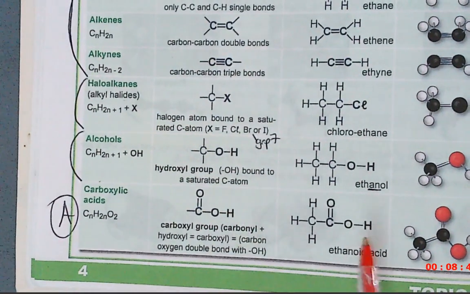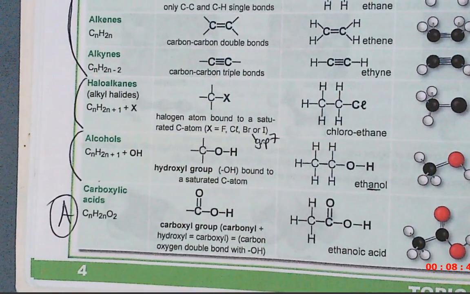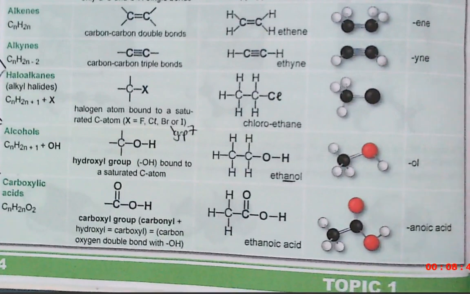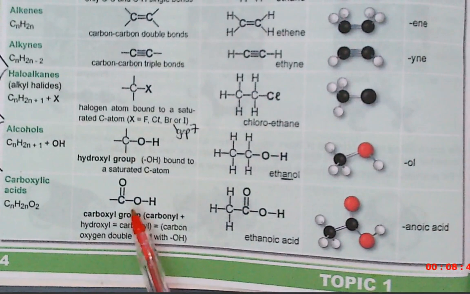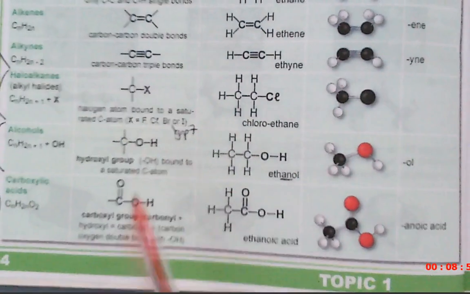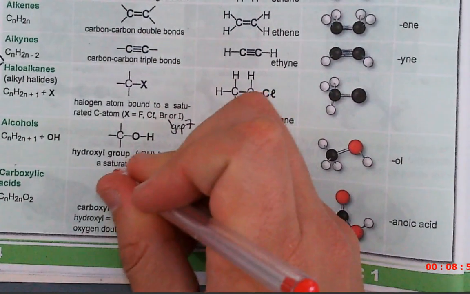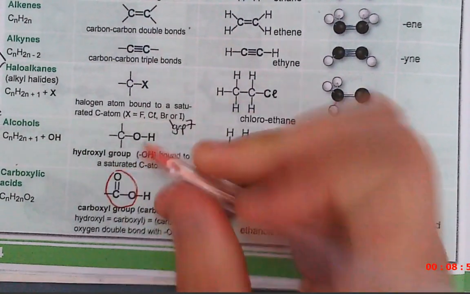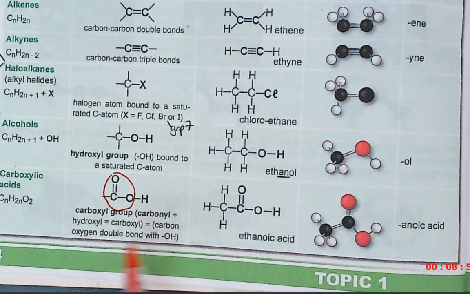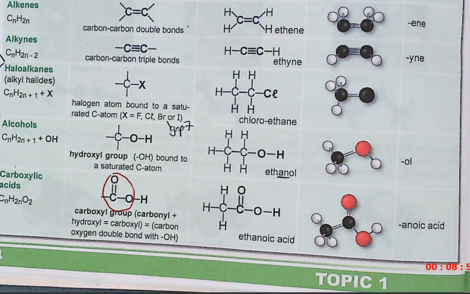Eh? Let's take a look here. So there's a way to name carboxylic acids. Oh, but before I get there, now this C double O, you guys see that? I'm just going to circle it. This thing is called a carbonyl group. Sorry, carboxyl group. I think I spoke wrong there.